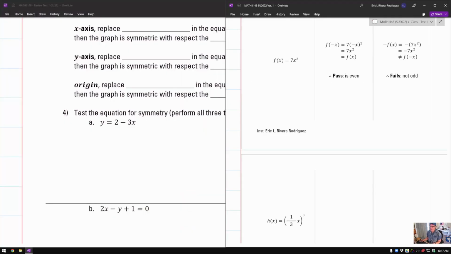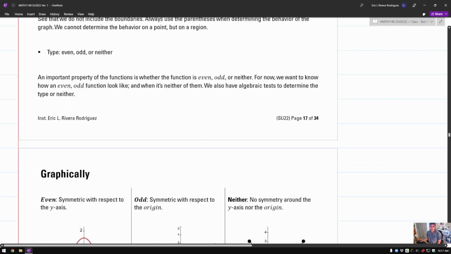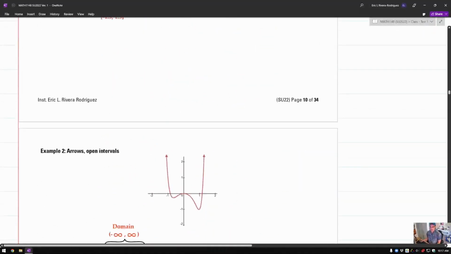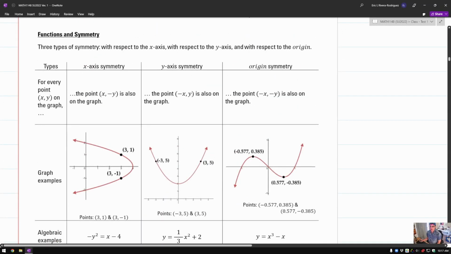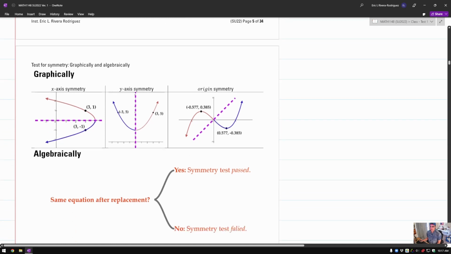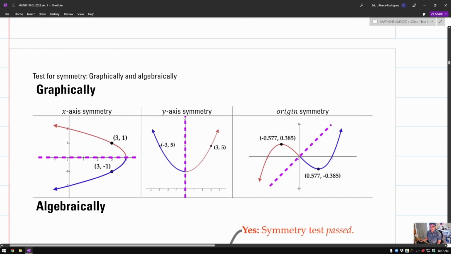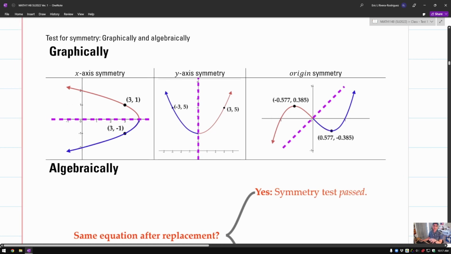If you have doubts or questions about what a symmetry looks like, you go to the graph, identify that topic on the graph, and then look at the examples that I put on the draft.